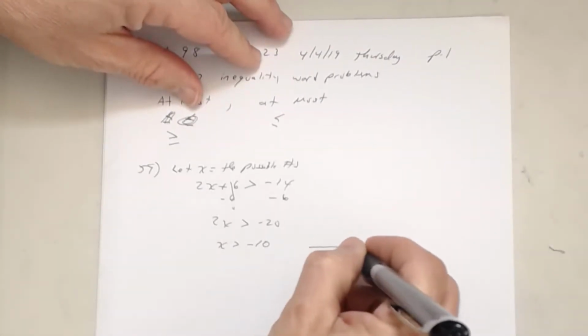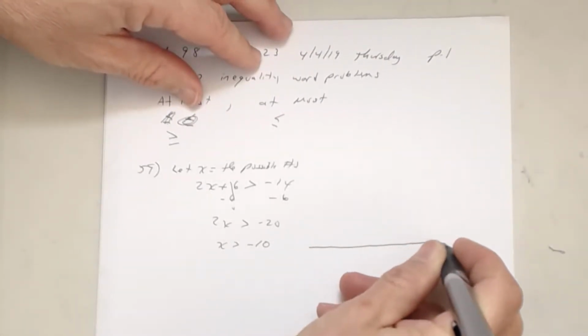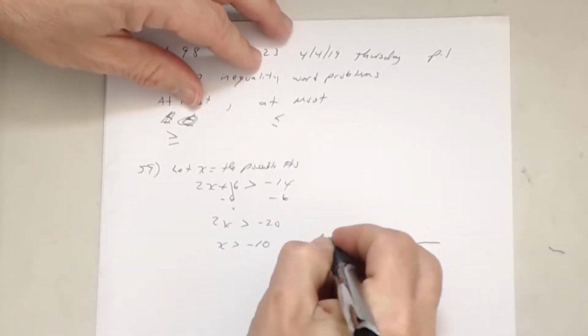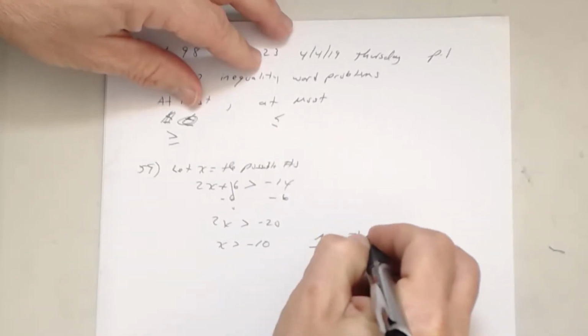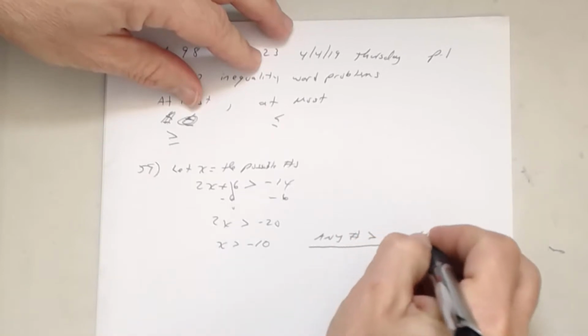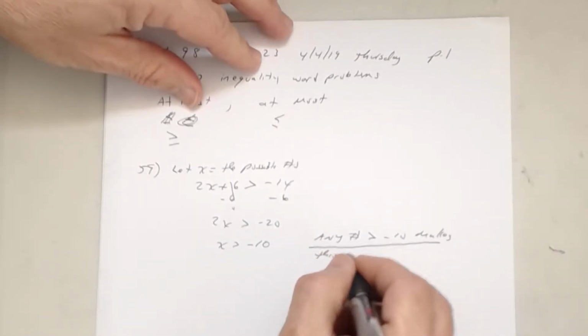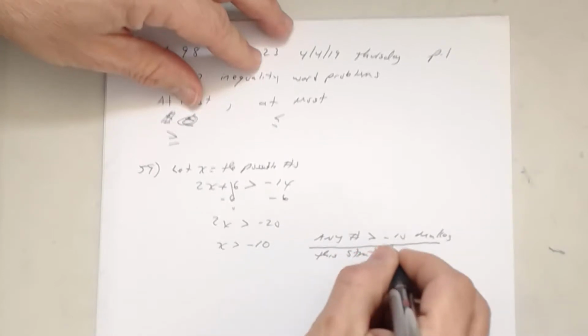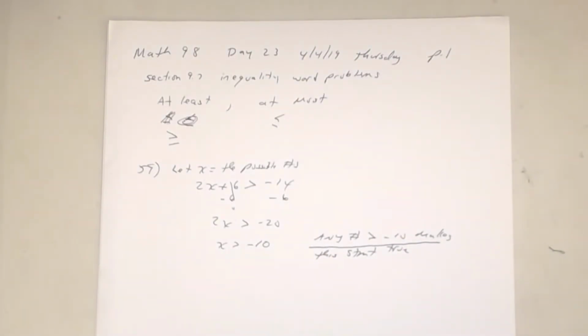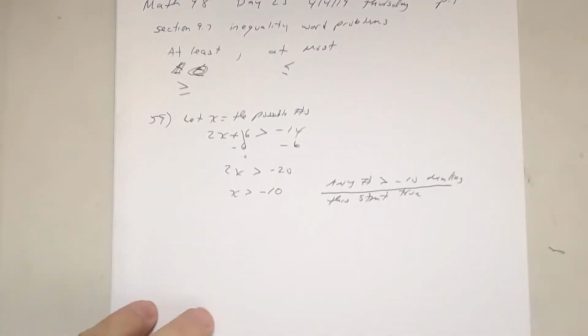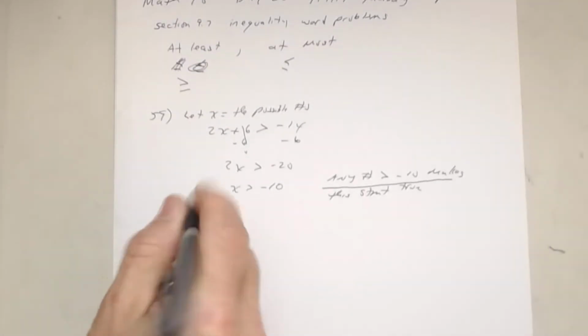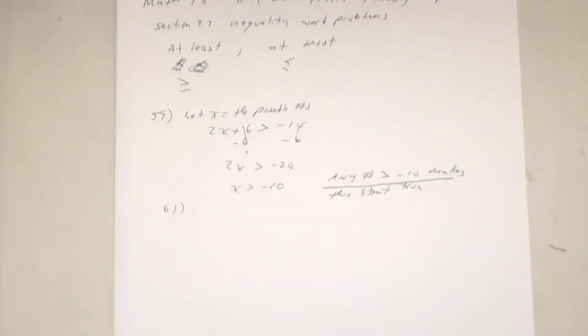So any number greater than negative 10 makes this statement true. Okay, so what you just found. Okay, 61. So when you do Mymathlab, just use those examples as a guide.